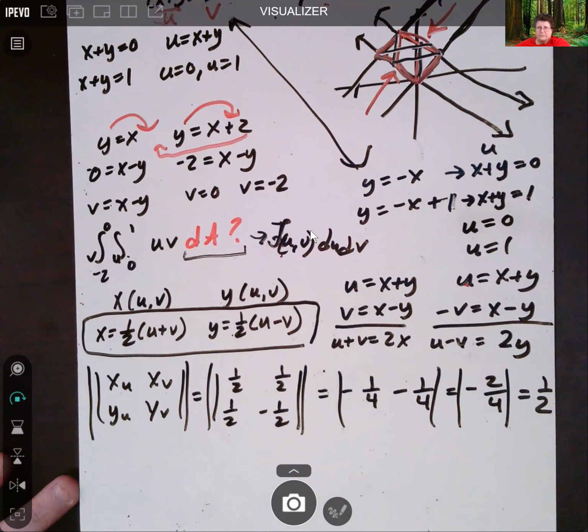You got a question in the back? Yeah, so where did the 1/2 come from? I know we found 2x and 2y, but why did we change it?